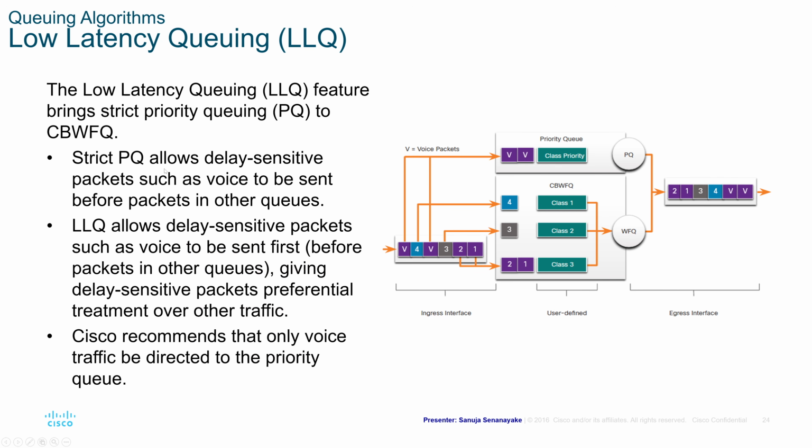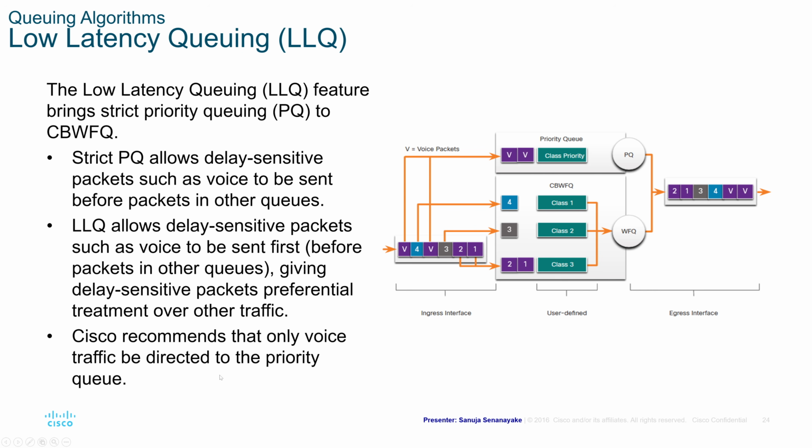The strict PQ allows delay-sensitive packets such as voice to be sent before packets in other queues. LLQ allows delay-sensitive packets such as voice to be sent first before packets in the other queues, giving delay-sensitive packets preferential treatment over the other traffic.